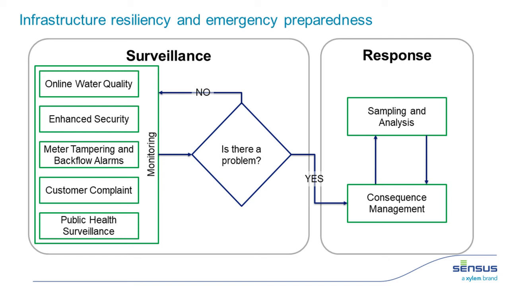It can provide enhanced security, like door switches, things like that. And then the metering and tampering and backflow alarms, which, just as of a few days ago, had some more guidance released on that from the EPA. But the real key here is that AMI can help in some of these aspects, and you need to have a plan and a system to deal with this information.